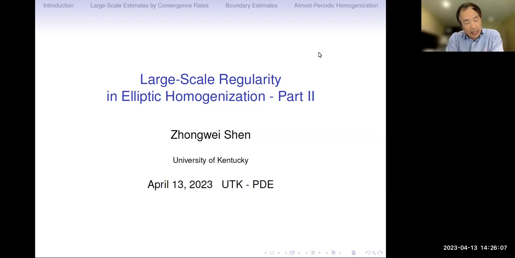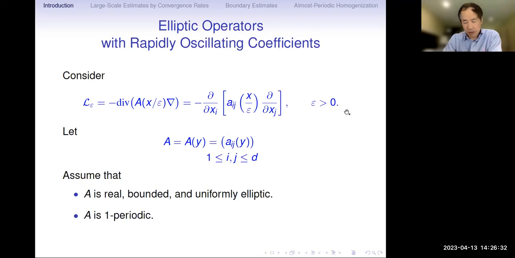And today, my goal is to present another approach to this type of estimate, which has its advantages compared to the one I used last time, the compactness. So let me just first start by recalling the problem we try to study here.